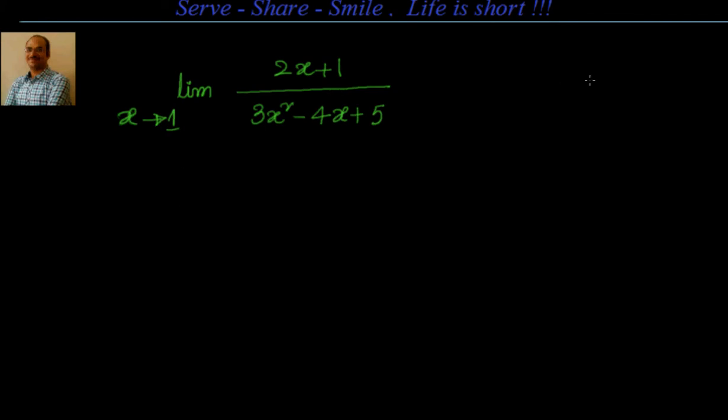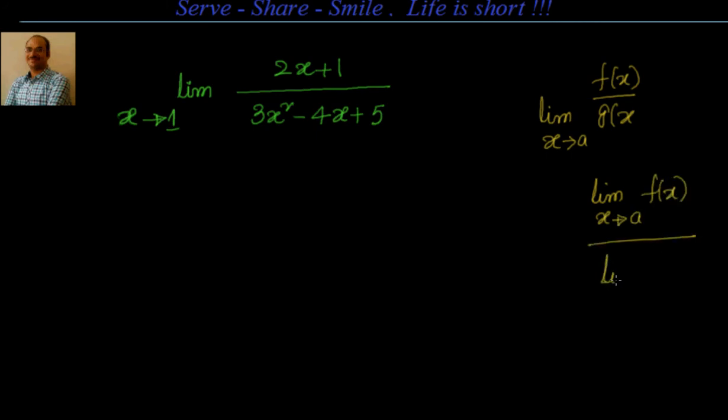What we have to do, we know that this is of the form f of x by g of x. So when I say limit, we have seen already, if this is the case, I can do it as limit x tends to a f of x, divided by limit x tends to a g of x. So you can do like that.